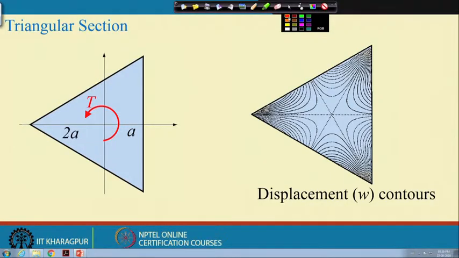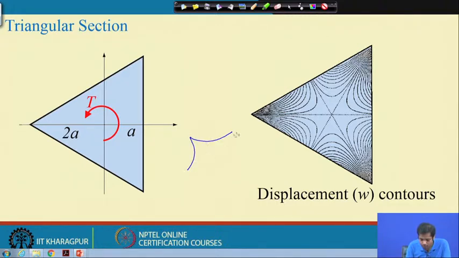For instance, if your section is something like this, the procedure is exactly the same. You know the equation of all these surfaces, and we have to assume the stress function such that when it is substituted on this boundary, that value becomes 0. And then the rest of the process is exactly the same.